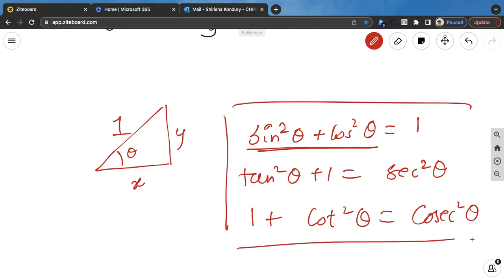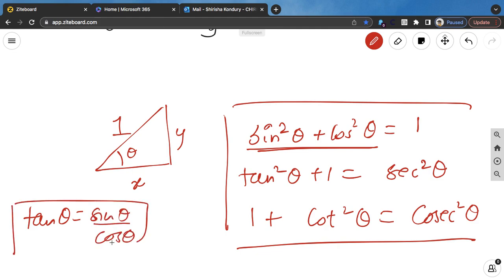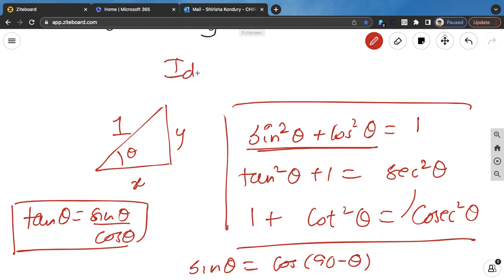So I got another three statements which are true. So I have tan theta as sin theta upon cos theta, and then I have sin theta is same as cos of 90 minus theta, and now I have these identities. These are called identities, which means they are true for all values of theta.